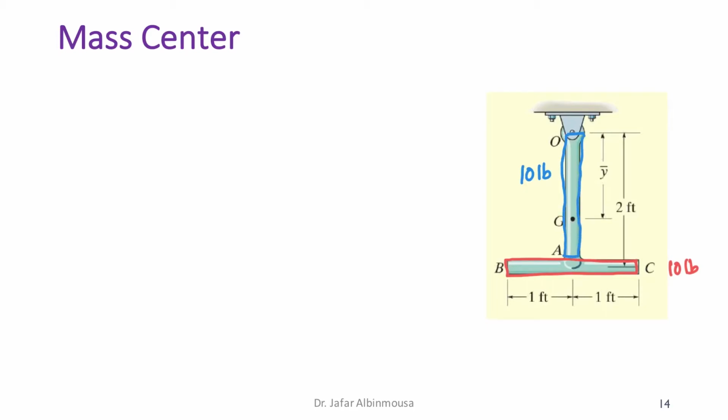Now, to calculate the center of mass, we need to set a reference. So I'm going to set the reference at point O. So this is our reference. Measured from this reference, we have y bar, which is unknown, and it represents the location of the center of gravity.